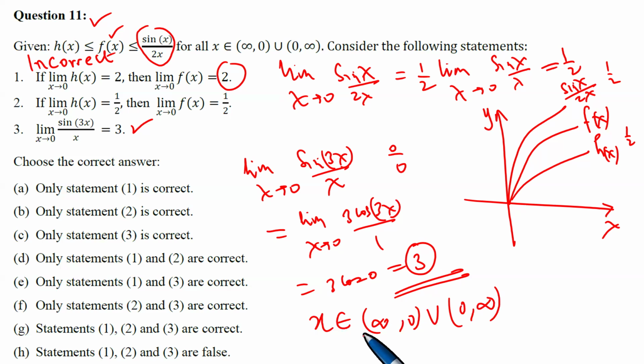Okay, this is not correct, because this has to be minus. So it has to be x is an element of the interval from minus infinity to 0 union 0 to infinity.